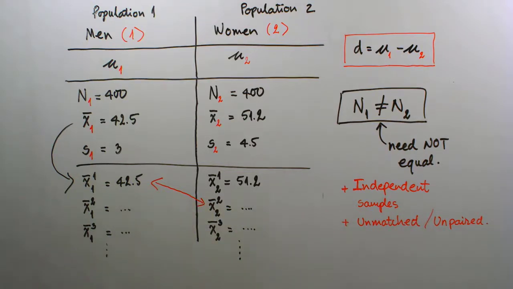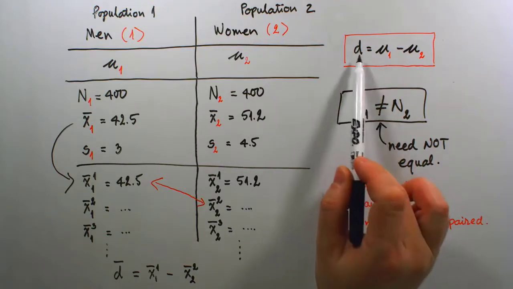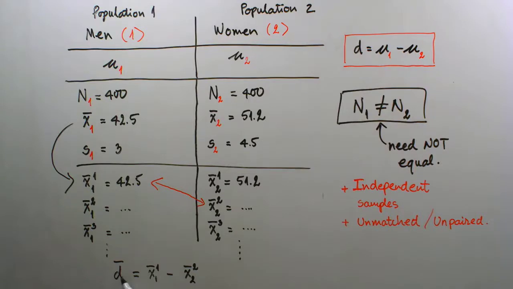And so I can go sample 1 from population 1 minus sample 2 from population 2. That gives me a difference in the sample. And now notice, I am not using the lowercase letter d, but here it's a lowercase letter d with a bar on top, so d bar.